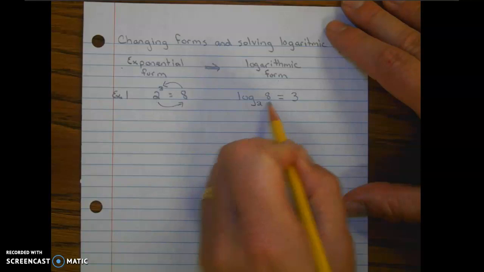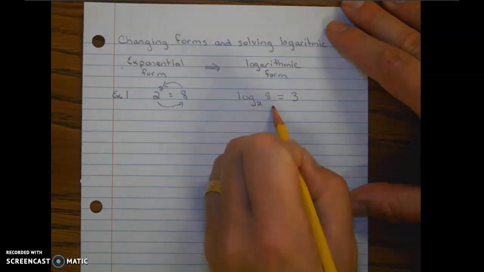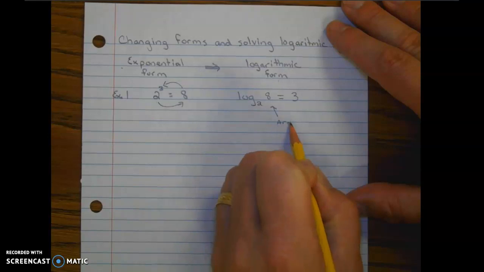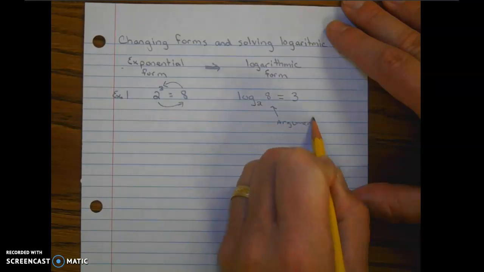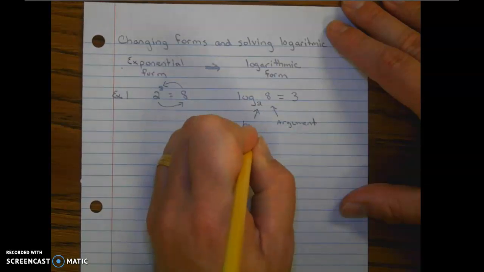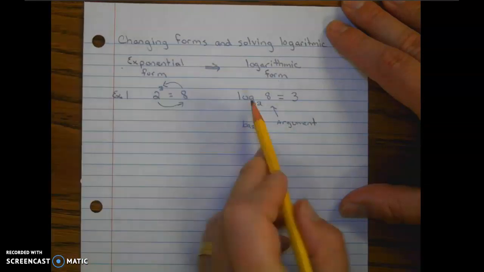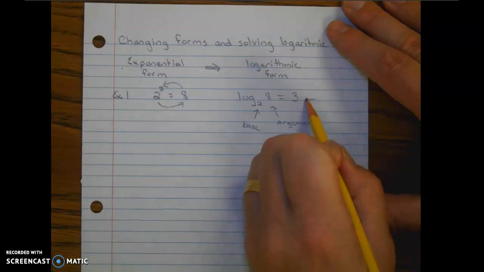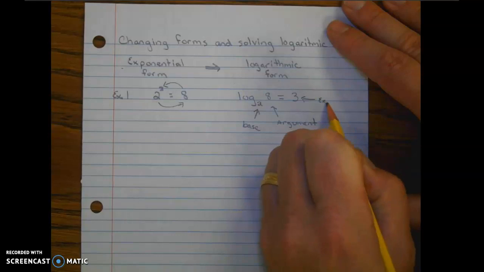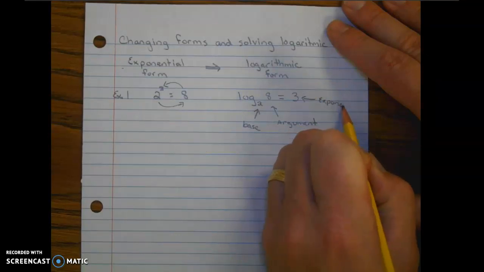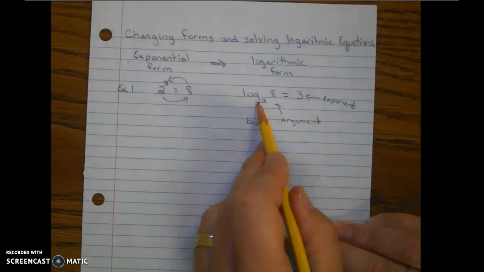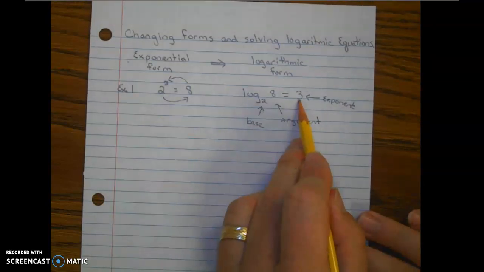Now this number, when you're in logarithmic form, is called the argument. This is the base. And the answer to a logarithm is your exponent. A logarithm represents an exponent.